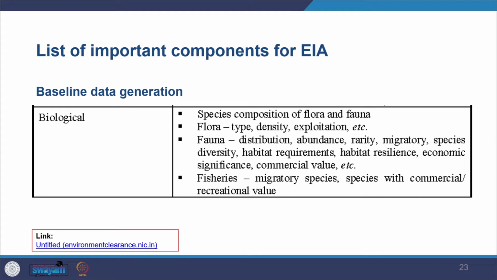For fauna, you need to look at the distribution, what varieties are there, the abundance, the number of each kind, which are the rare species, which are migratory, what kind of diversity is there, and what kind of habitat is required. What is the resilience of the habitat, the economic significance, and the commercial value, and so on. Similarly, for fisheries, the migratory species with commercial and recreational values.